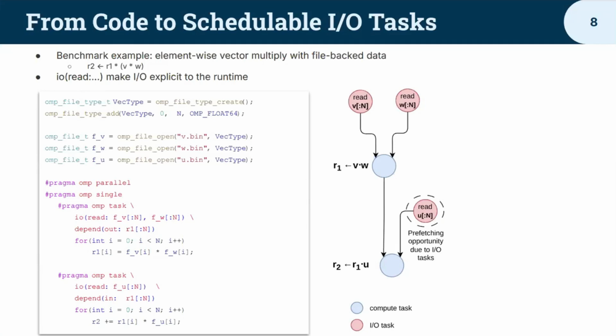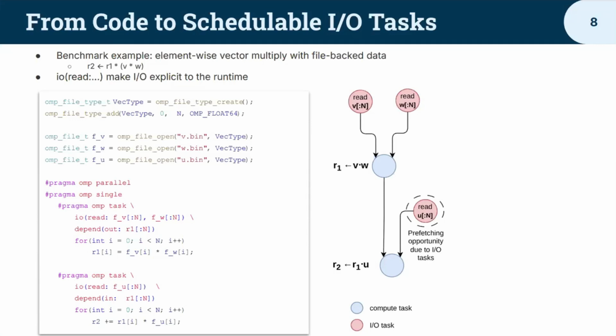We saw this before: omp_file_open, we declare the type, open the files, and here we have our multiplication kernels. So we're creating a task. It reads the array F, the array V, and the array W. It does the element-wise multiplication and has a dependency on R1. And then we have another task that reads another array called U, takes the results from the previous task, multiplies them and accumulates over R2.